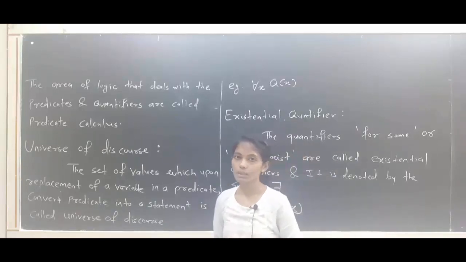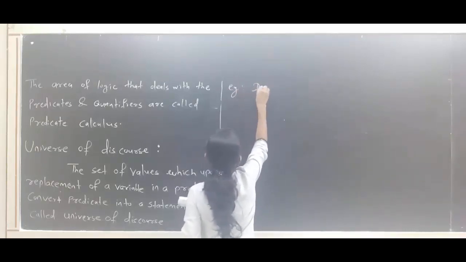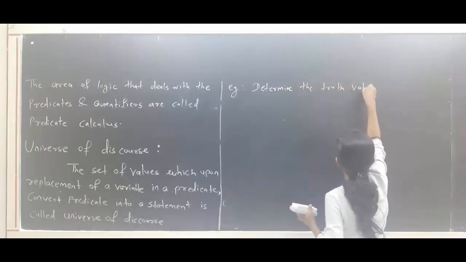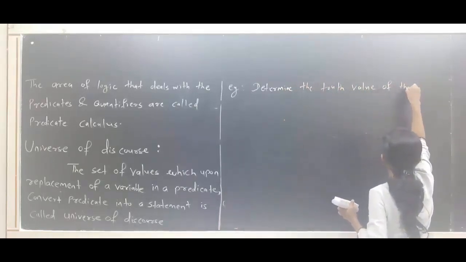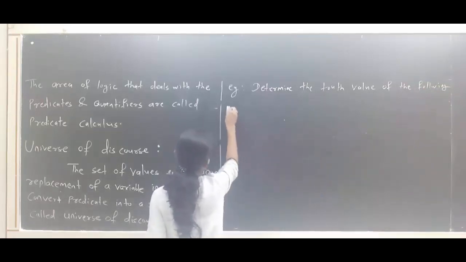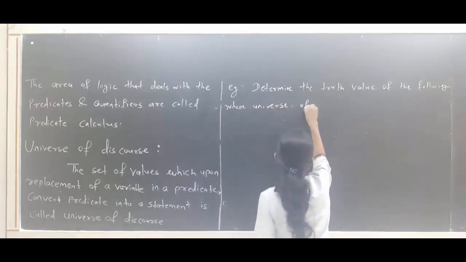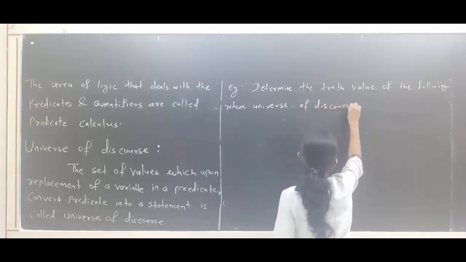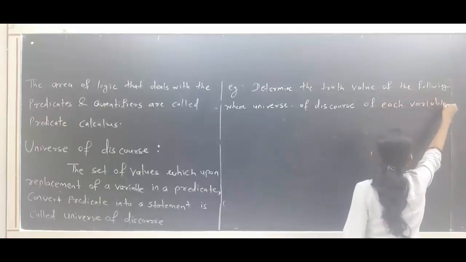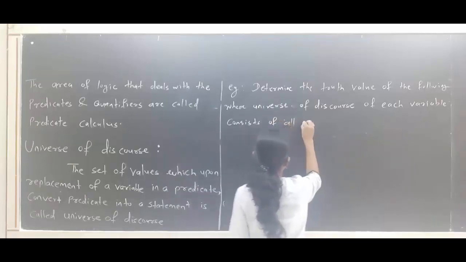Now we see some examples. Determine the truth value of the following where universe of discourse of each variable consists of all real numbers.